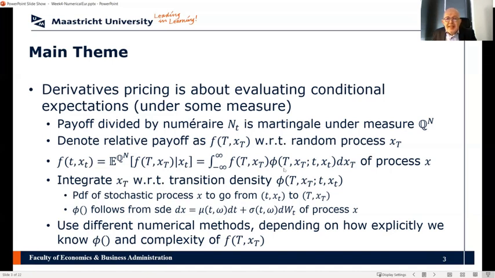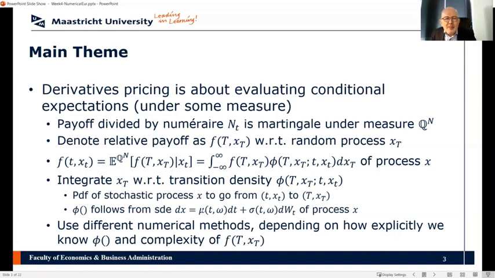And this probability density function follows from the stochastic differential equation of the process x, but in general we don't know, and only for some very special cases do we explicitly know what the probability density function is of a specific stochastic process. So for the Black-Scholes model we know it.